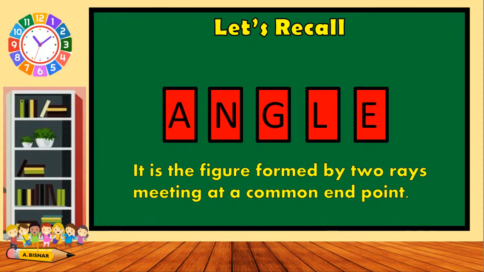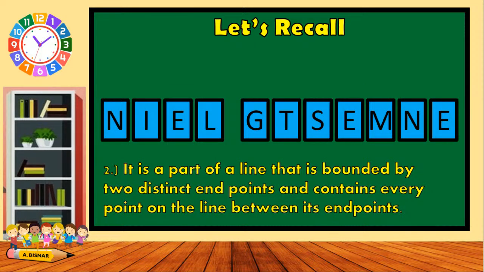Okay? Another. It is part of a line that is bounded by two distinct endpoints and contains every point on the line between its endpoint. So what is this?